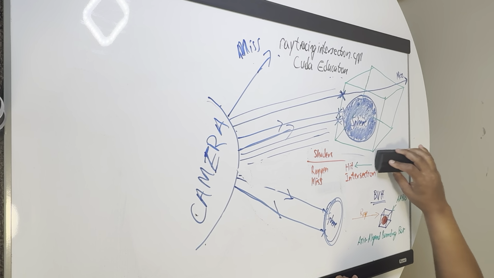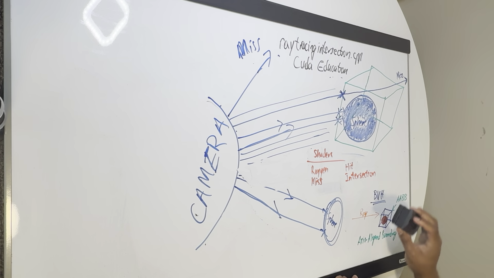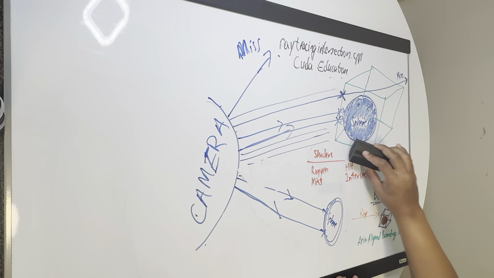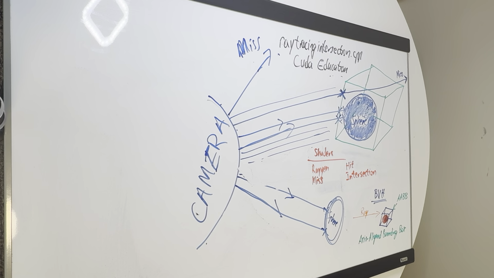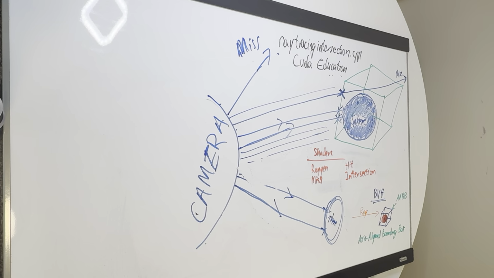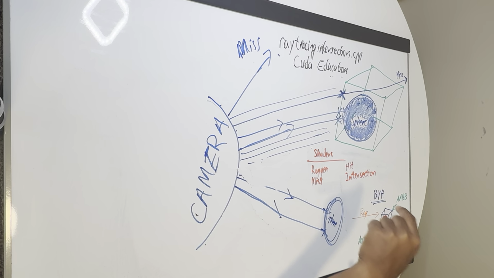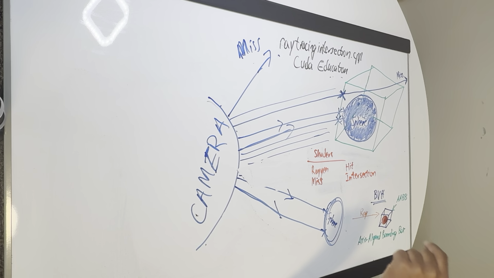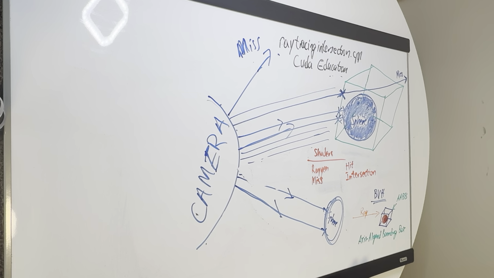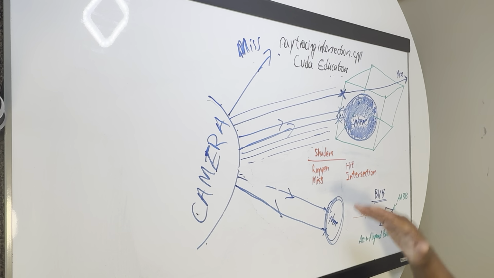Okay, so that is our hit shader and our intersection shader. Now I have a question. Let us say I don't want to do spheres anymore. I don't want to see spheres in my application. I want to see cones, or I want to see donuts. So we're done with spheres now.